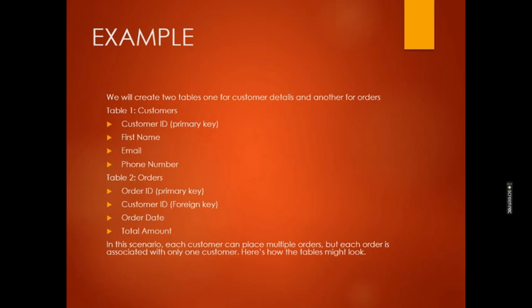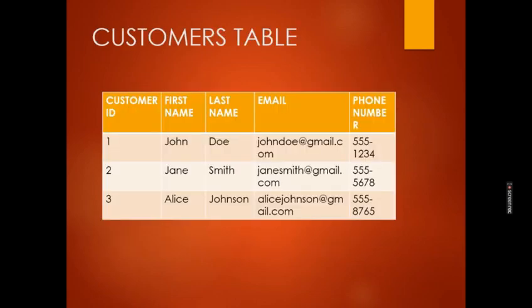The order table has order ID, which is the primary key. It has a customer ID, which is a foreign key, referenced from the customer table. It also has the order date and the total amount. In this scenario, each customer can place multiple orders, but each order is associated with only one customer.